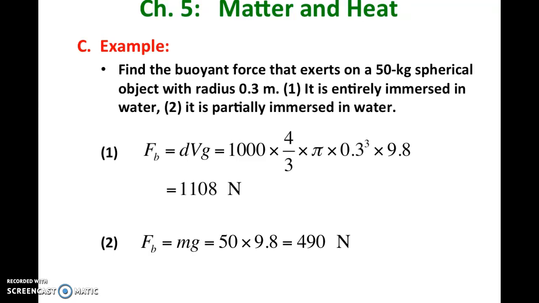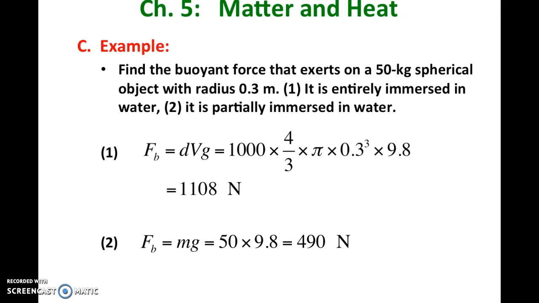Therefore, the buoyant force Fb is equal to 1,000 times the volume of the sphere, 4/3 pi times the radius 0.3 cubed, times 9.8, that's the g. Multiply together, the result is about 1,108 Newton.